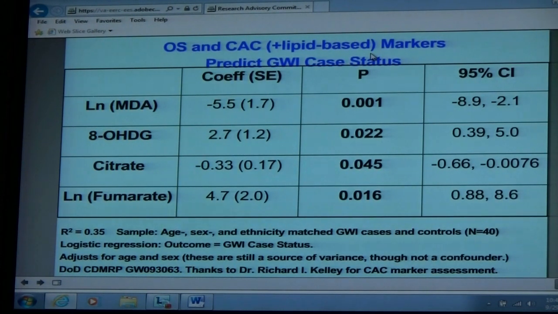So we also sought to see whether oxidative stress and CAC markers (CAC stands for citric acid cycle) predict Gulf War illness case status. The citric acid cycle, or Krebs cycle, is a mitochondrial cycle involved in energy production.